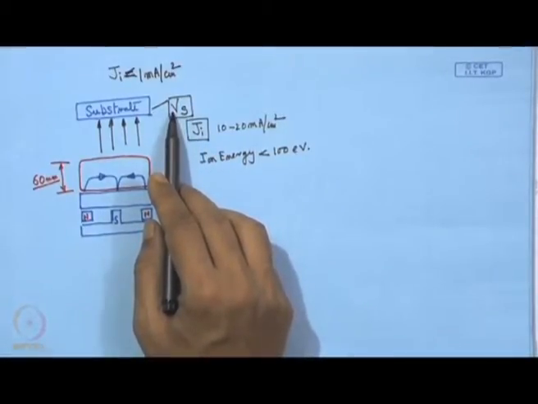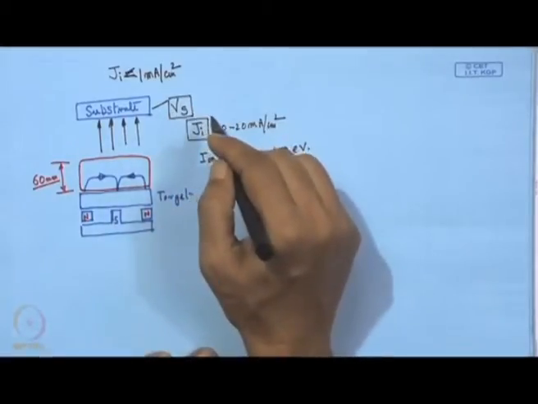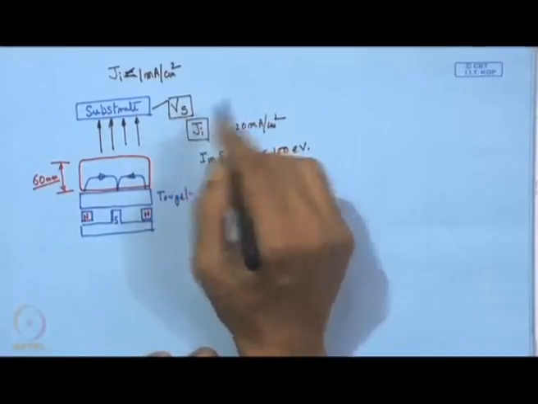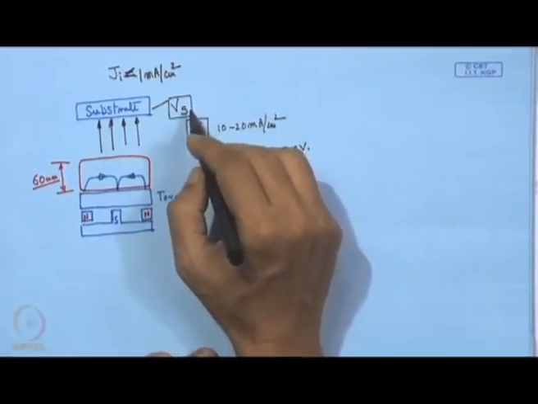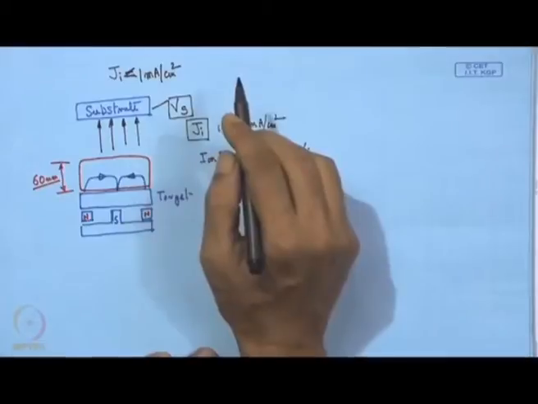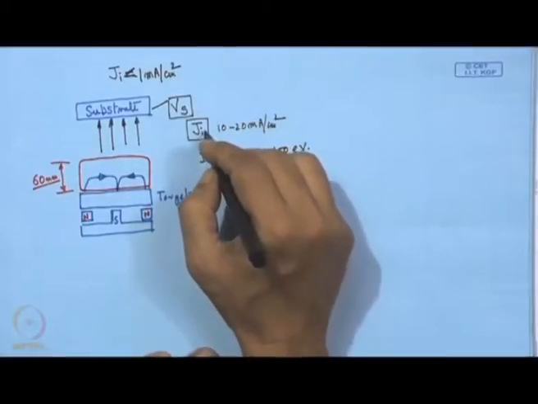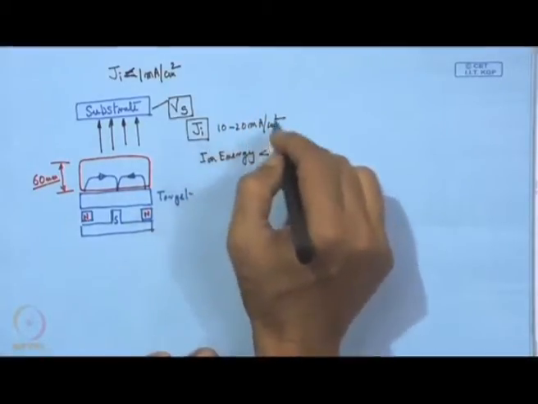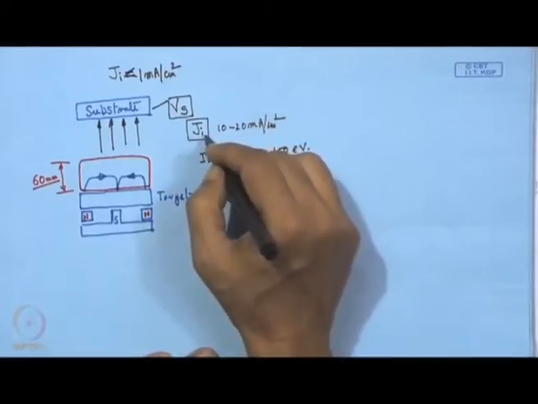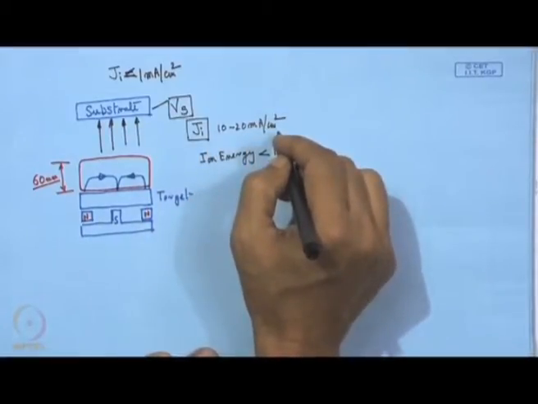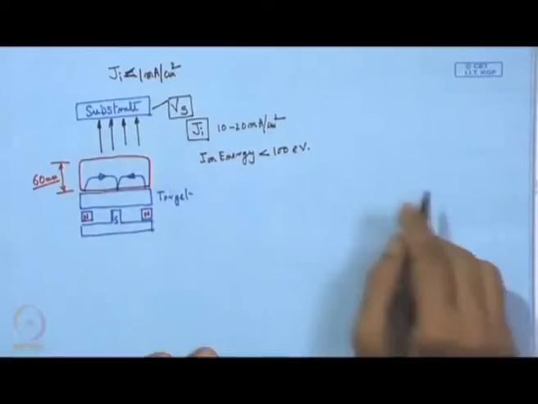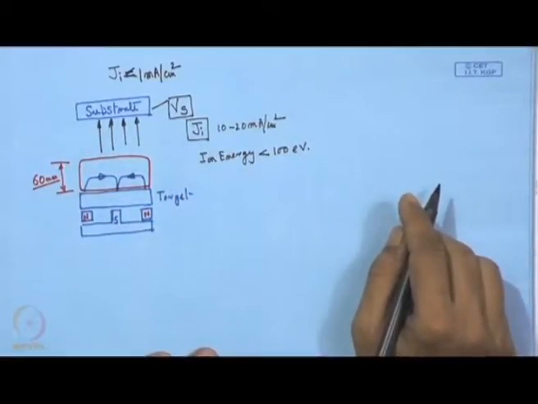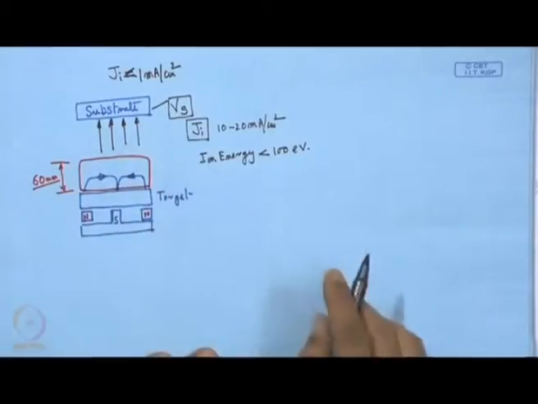So, definitely one should look at the various possibilities of how to reduce the value of Vs, and at the same time augment the ion flux density, so that a coating with all the desired properties can be produced on the substrate surface.